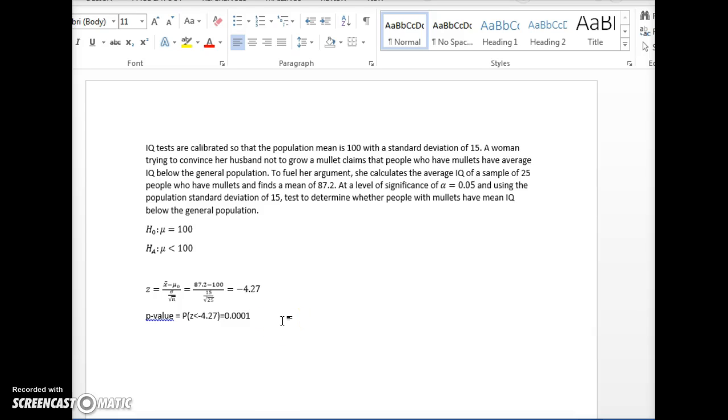So for our conclusion then, like always, reject H naught if P is less than 0.05, since that's what our alpha is assumed to be, our level. Since our p-value is indeed less than 0.05, therefore we reject H naught.